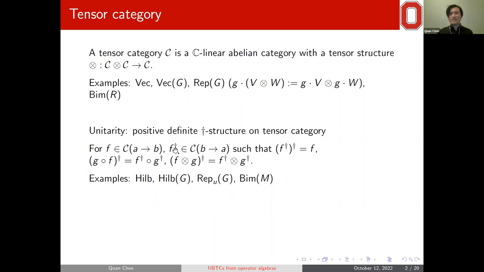So how do we understand this dagger structure? Well, let's look at Hilbert spaces. If you start with a finite dimensional Hilbert space, once you pick a basis, then your morphism from Hilbert space to Hilbert space will correspond to a matrix, right?